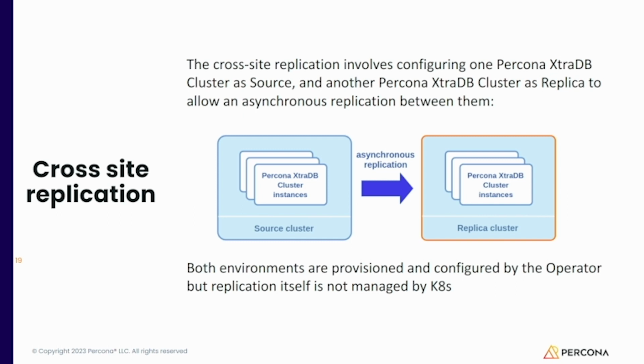So the operator is smart enough to set up everything, but once replication is set up, it doesn't mean that all magic will happen and it will go flawlessly, but yourself need to monitor for replication error and for any other maintenance that you need to do on asynchronous replication.